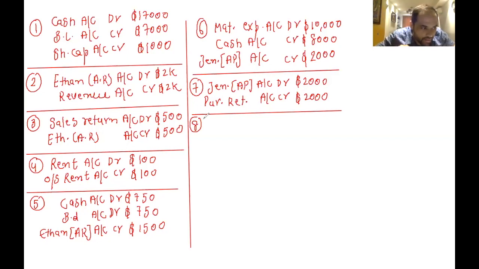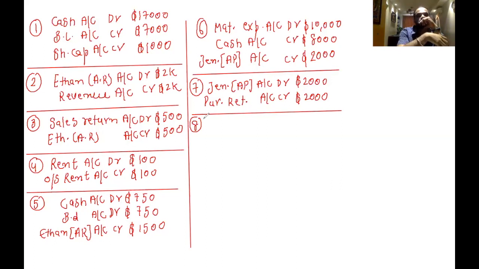Can you tell me again? The land account debit 18,000 and the cash credit 18,000. But land value is 20,000.